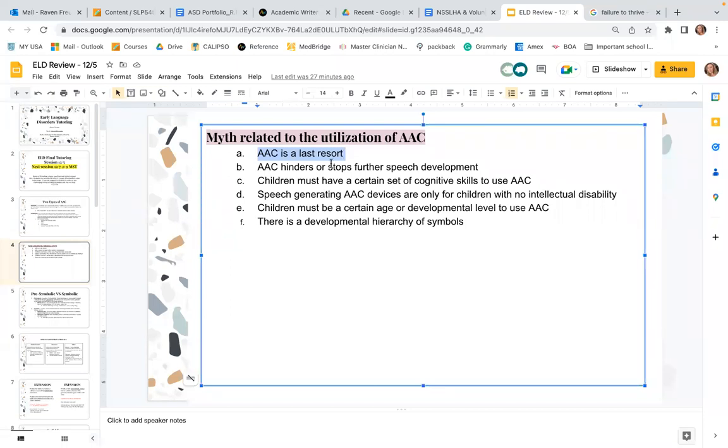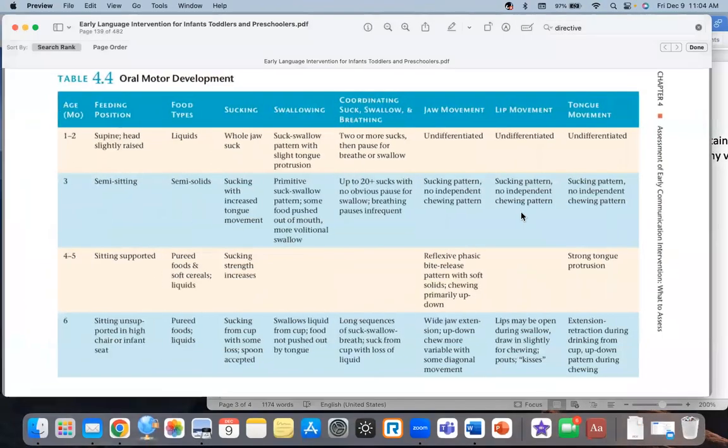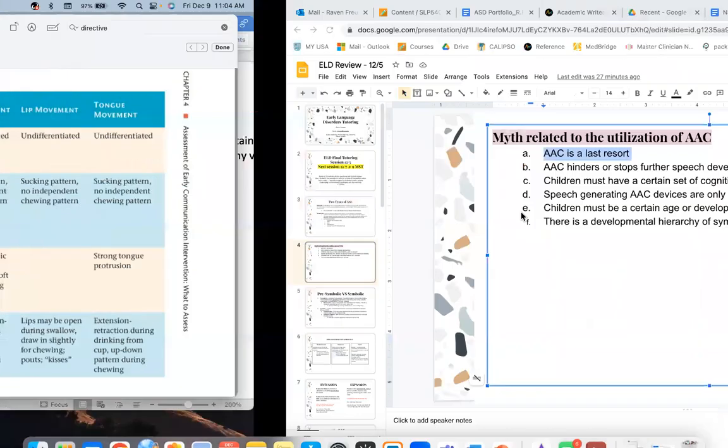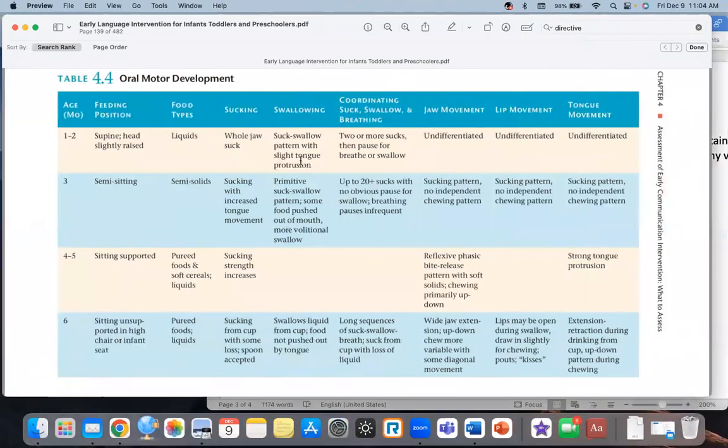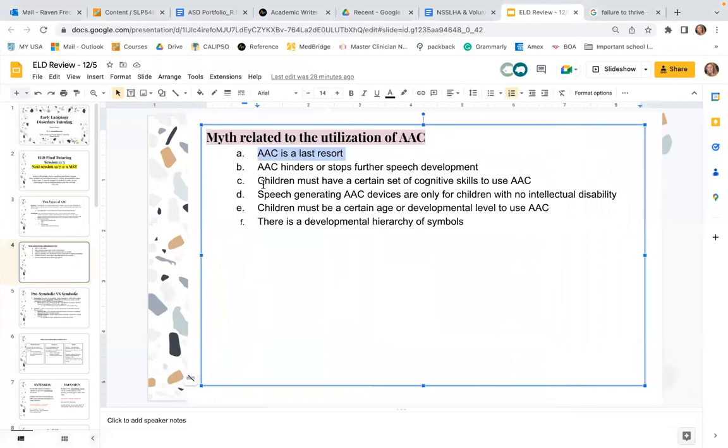Nope, that's a myth. As the SLP, our response would be to inform the parent, the caregiver, the teacher about AAC and that it supports language and speech development.